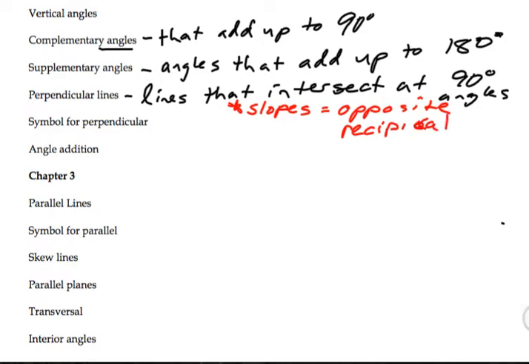That means if I have -5/2, the opposite reciprocal to that is going to be 2/5. So you have to know what an opposite reciprocal is. The symbol for perpendicular is going to be in green here. They just do a little upside down T.